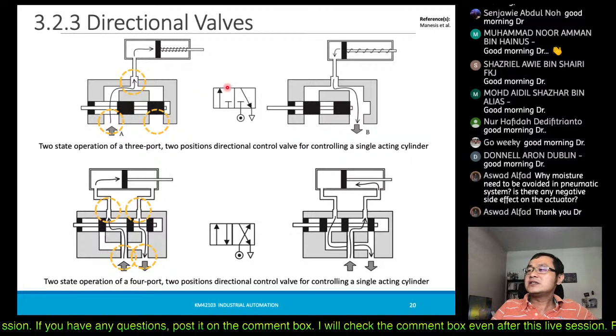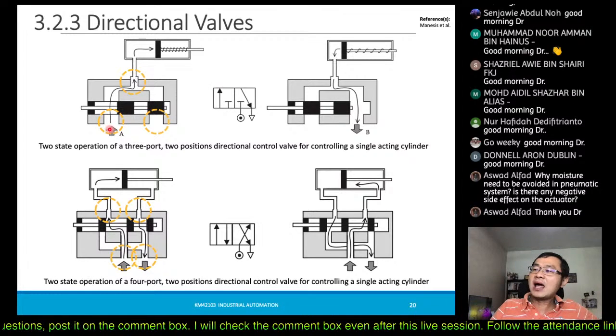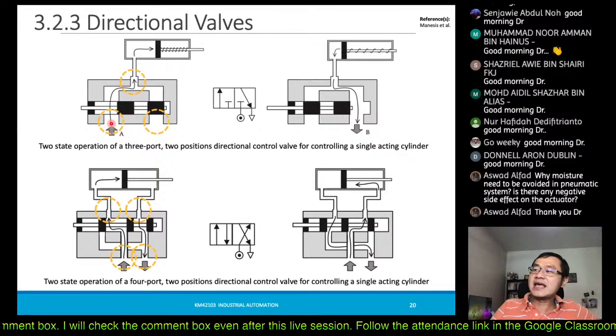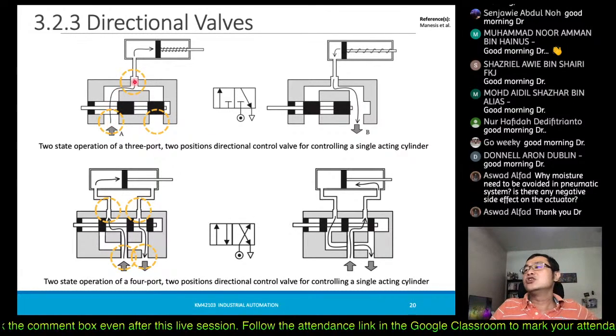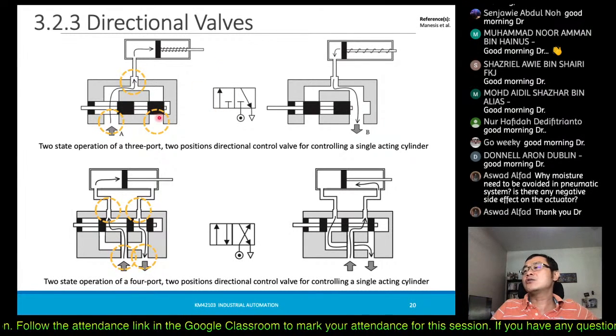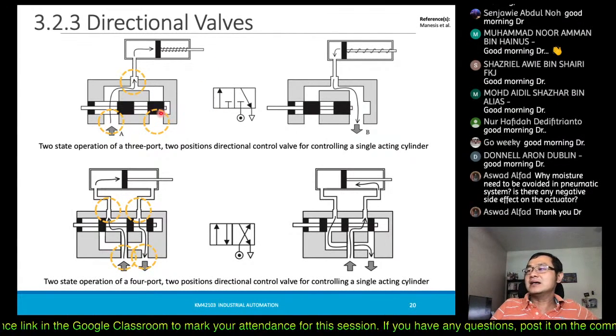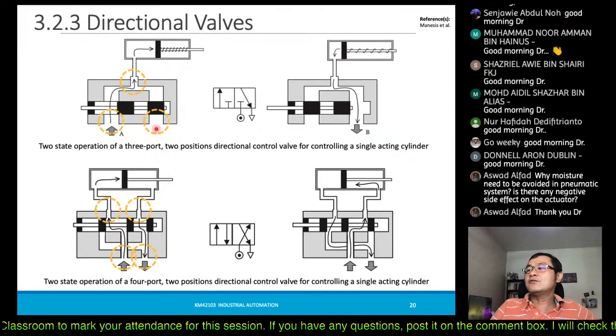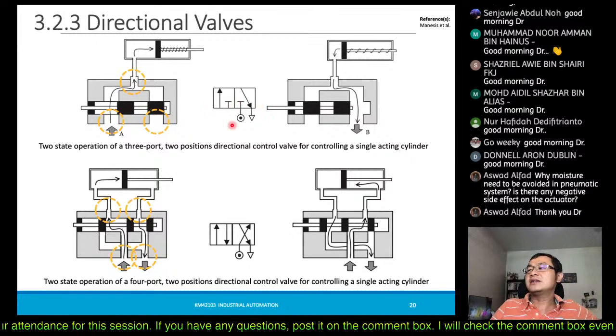So we just check the first one. The first one allows the flow of pressurized air from point A to the output port, so it goes straight out, while at this side of the port it is blocked, so you have a T on this side.